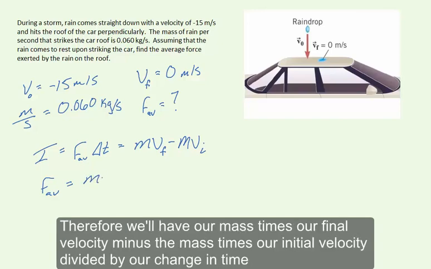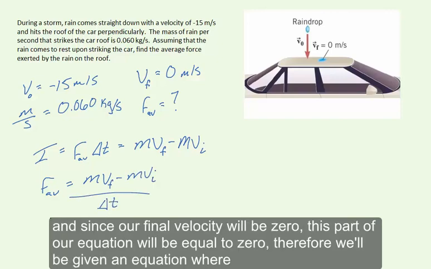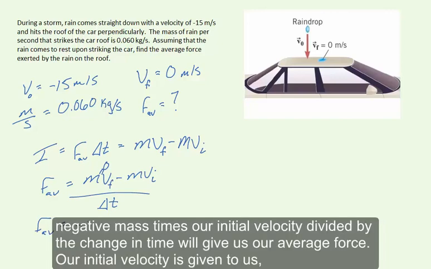Therefore, we'll have our mass times our final velocity minus the mass times our initial velocity, divided by our change in time. And since our final velocity will be 0, this part of our equation will be equal to 0. Therefore, we'll have an equation where negative mass times our initial velocity divided by the change in time will give us our average force.